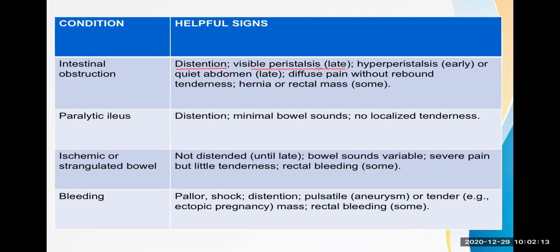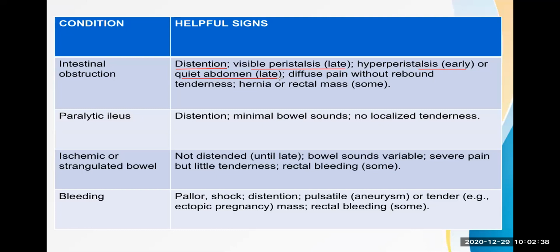Proximal to the area of obstruction, there is vigorous peristalsis. There is contraction most of the time until it is completely paralyzed. So we can see that peristaltic movement and we can even feel the peristaltic waves. Hyperperistalsis occurs in the early cases of intestinal obstruction and quiet abdomen occurs at the late. That's what I mean just now.